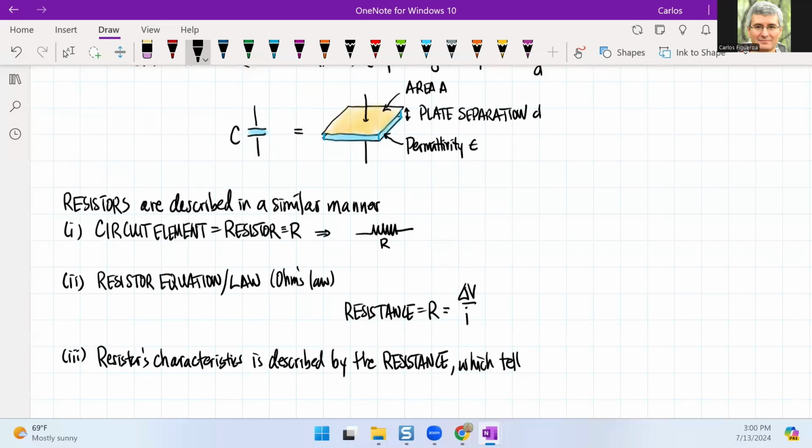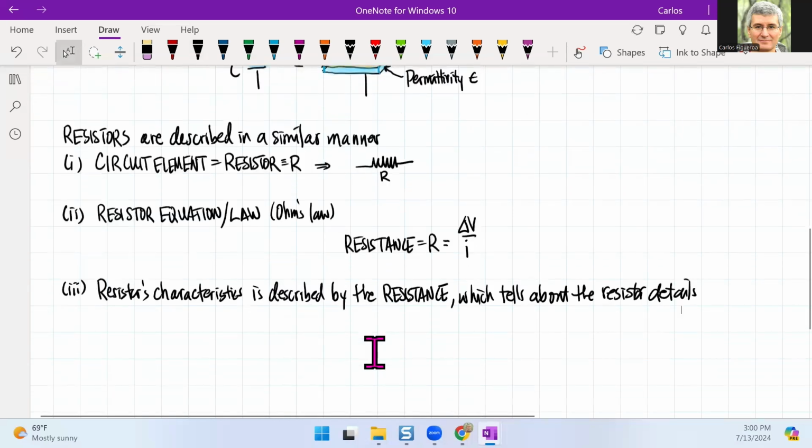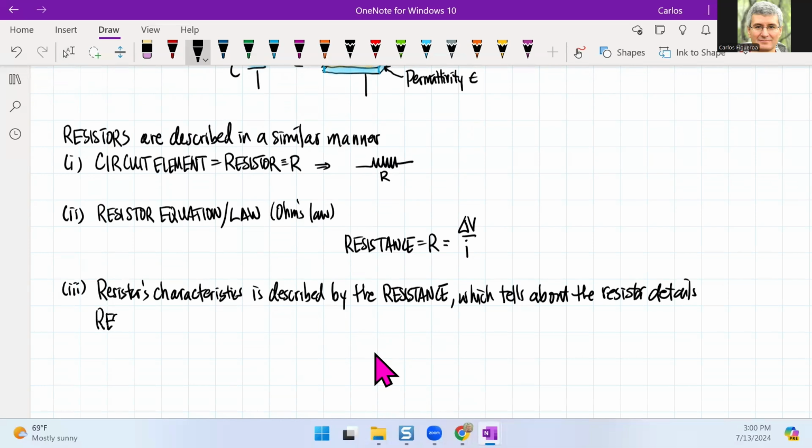Which tells us about the resistor details. So what I'm saying here is that resistance is the whole package that includes both material.